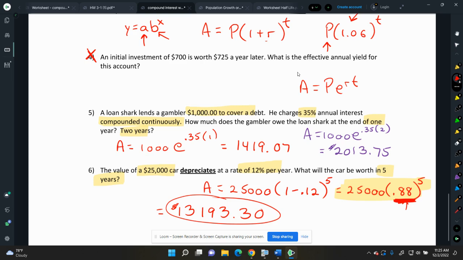So let me see, what's 12% of 25,000? It is $3,000, right? So the difference would have been, in 5 years I would have lost $15,000, which means my value would only be $10,000. So yeah, we can't assume that it's simple interest just because it says rate. Rate just means the interest rate.